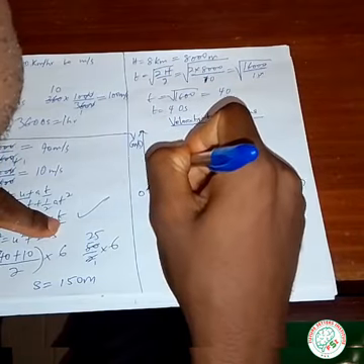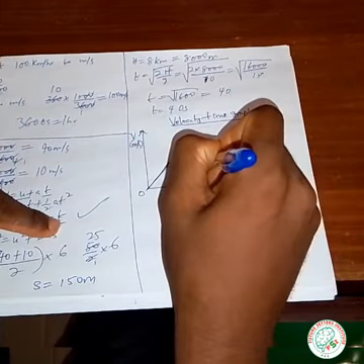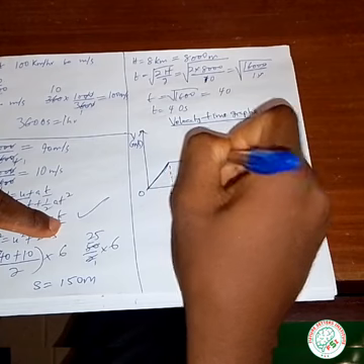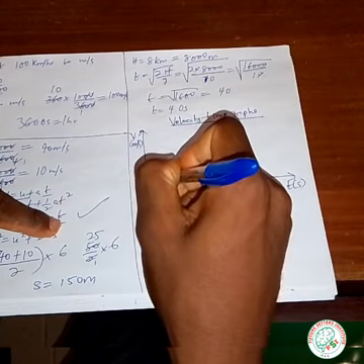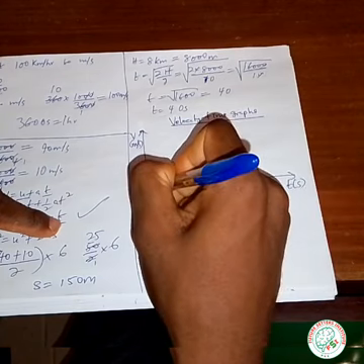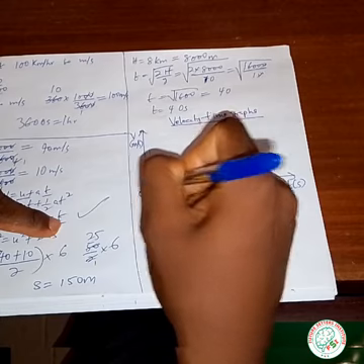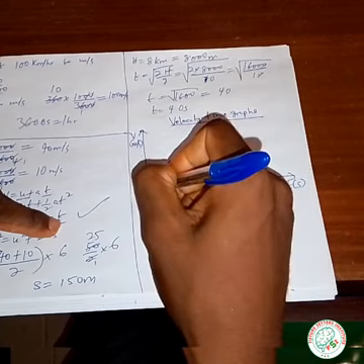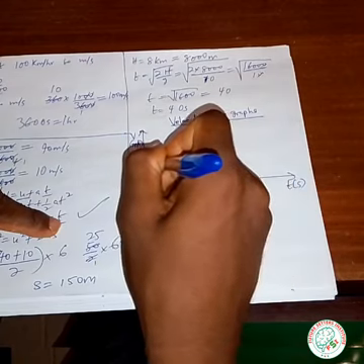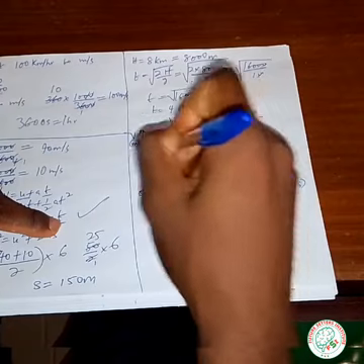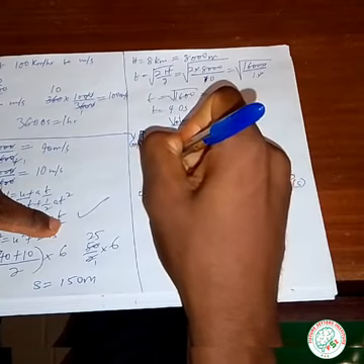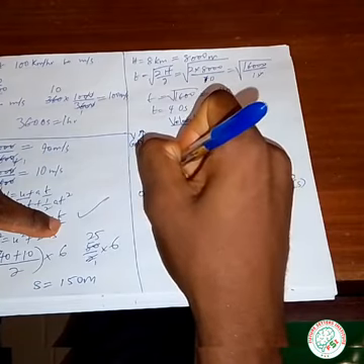The body now had a constant acceleration. Let's put it like this: the body starts and accelerates uniformly from rest. This place is uniform acceleration.